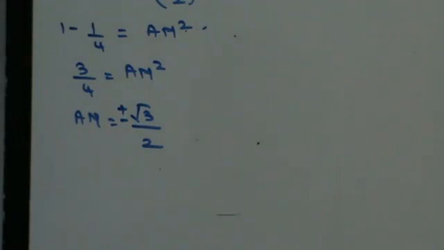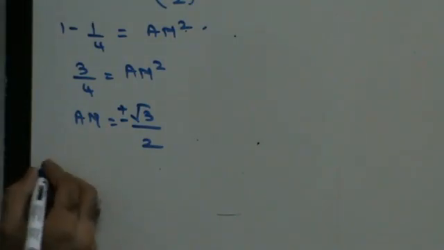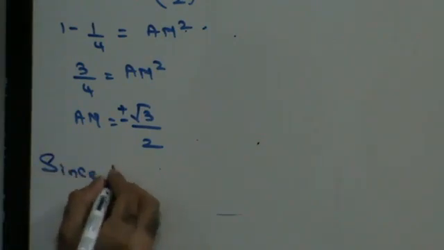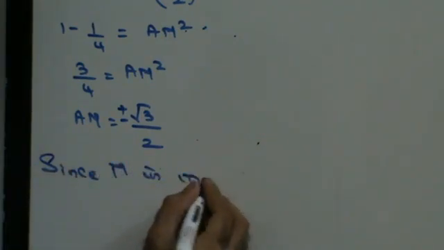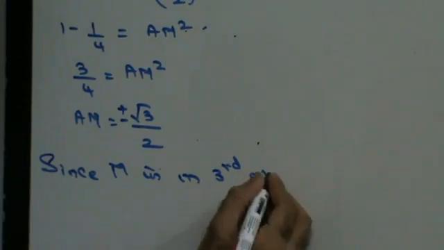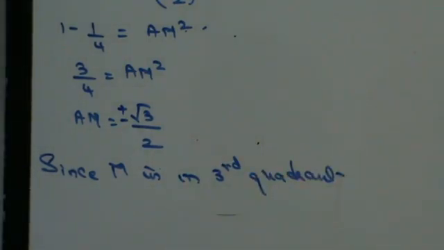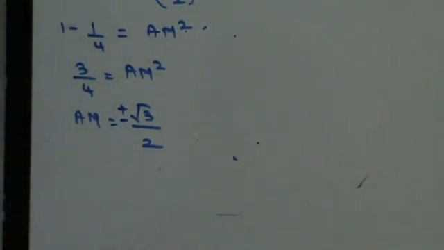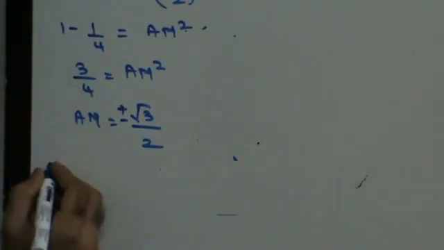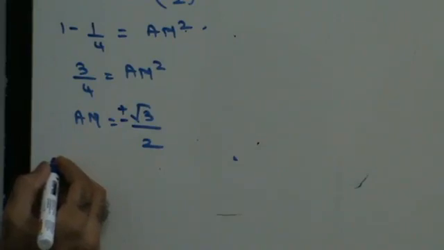Now, in that case, since it is in the third quadrant, since your angle is in the third quadrant, you will have length AM.